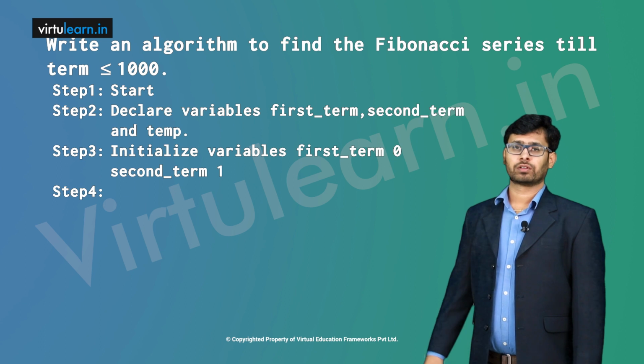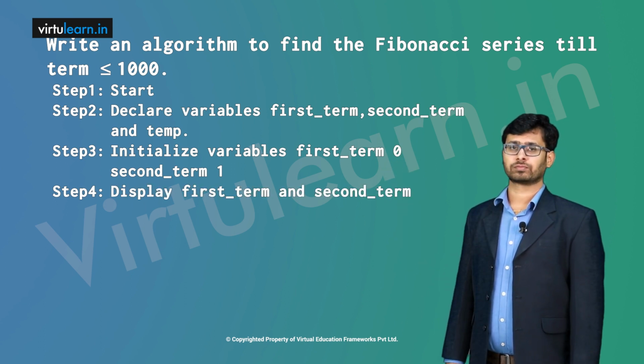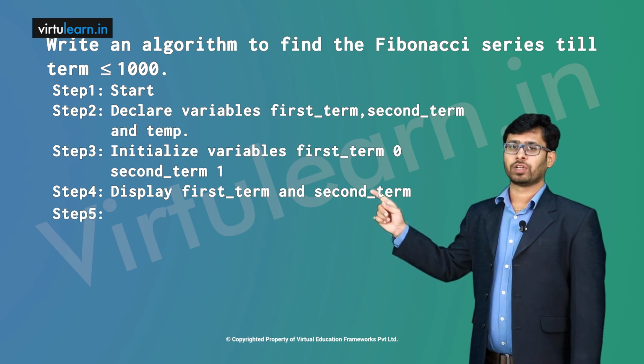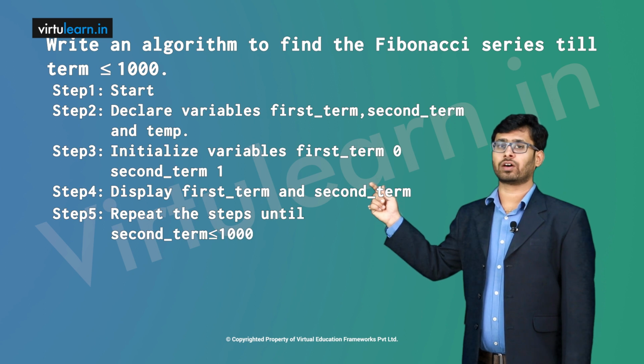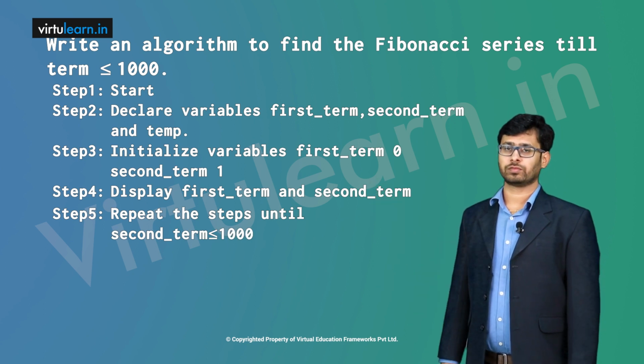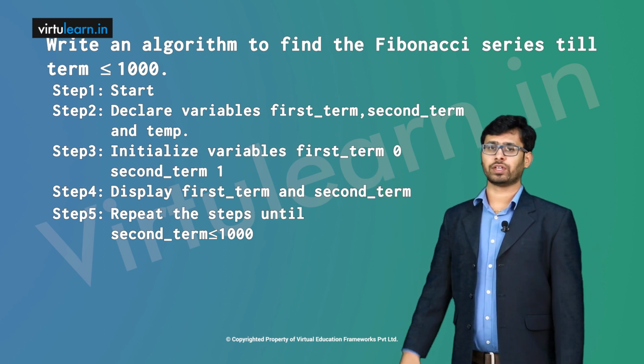Step 4, display the first term and second term. Step 5, repeat the steps until the second term is less than or equal to 1000. There is a limitation: till 1000 we need to print the Fibonacci series.